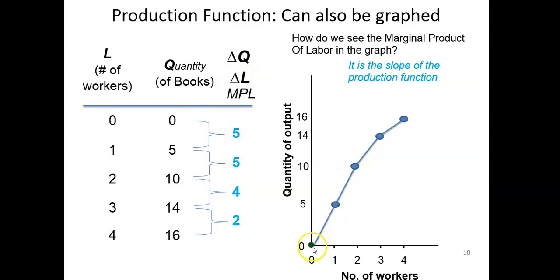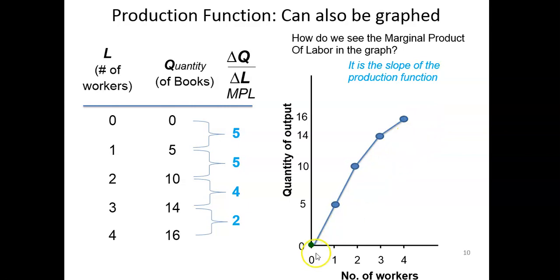So the slope from 0 to 1 worker and from 1 to 2 workers is a slope of 5, right? And then it's going to get less steep as we go, because the marginal product of labor of the third worker is only 4, and then only 2 for the fourth one, and it might be 0. If we have 5 workers, maybe that extra worker doesn't help us produce anymore, so maybe this was 16 again, so it'd be 0, and then this would just be flat.